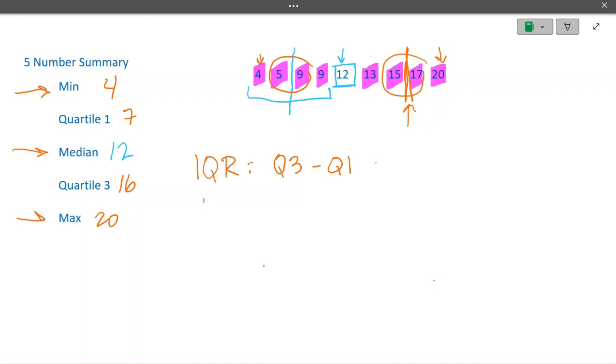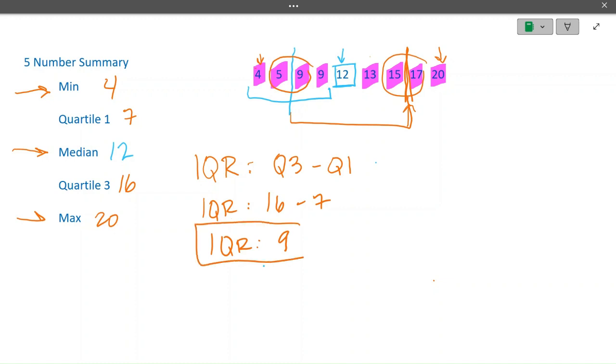In this case, our IQR would be 16 minus 7, and that gives me an IQR of 9. What is really useful about this is it tells you about the middlemost part of the data. So for the middlemost 50% of the data, there's only a range of 9 values here. When you have a lot of values in a data set, it's pretty helpful to know how much difference is within the middle values.